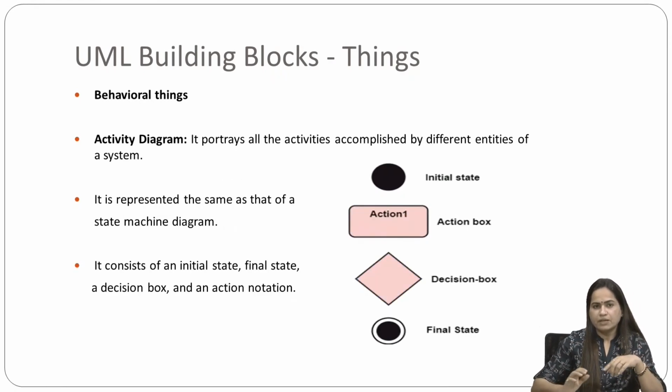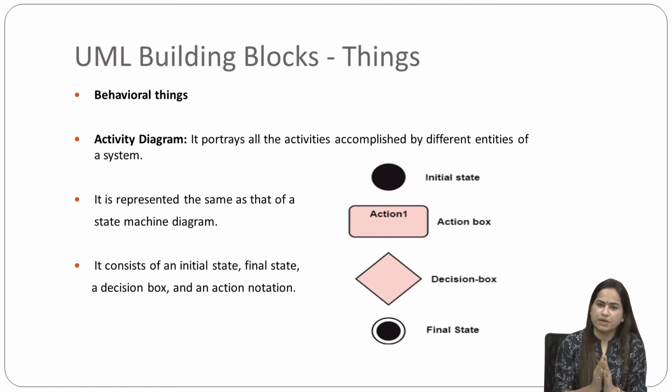Second behavioral thing we have is activity diagram. It has the same representation, meaning the symbols used are the same as in the state machine. It consists of an initial state, final state, a decision box and an action notation. What is the activity diagram doing?